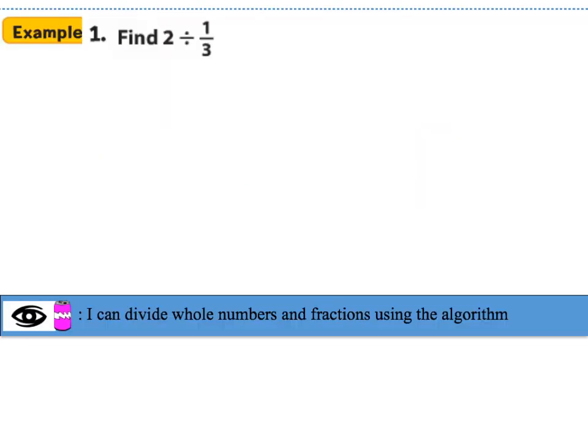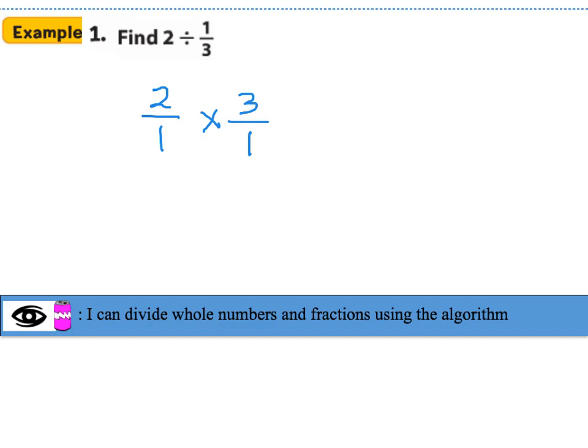Example 1. We are going to find 2 divided by 1/3. We're going to make the whole number 2 into an improper fraction, and we're going to put 2/1. Change division into multiplication, and take the reciprocal of 1/3, which would be 3/1.